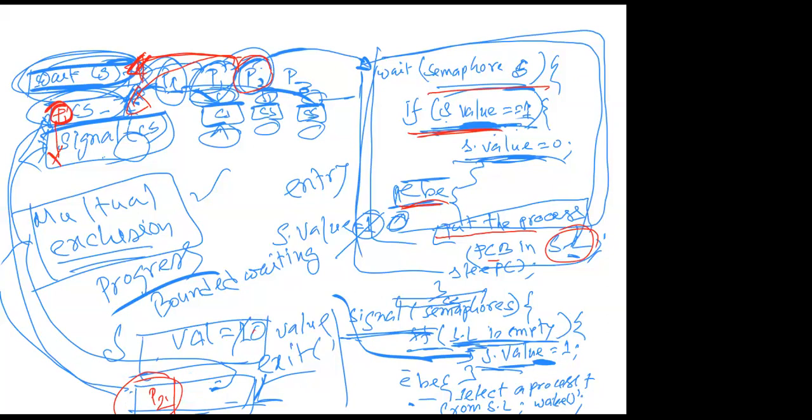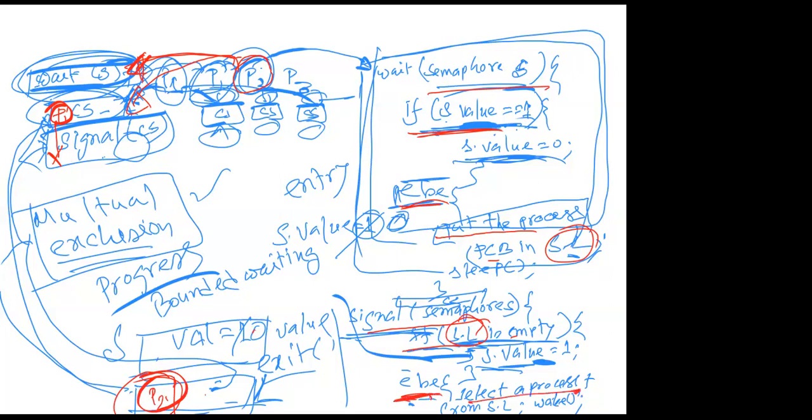What will it do? It will call the signal function. In here, it will check whether s.l is empty or not, but s.l is not empty. Currently, P2 is waiting inside this list. So it will execute the else statement.